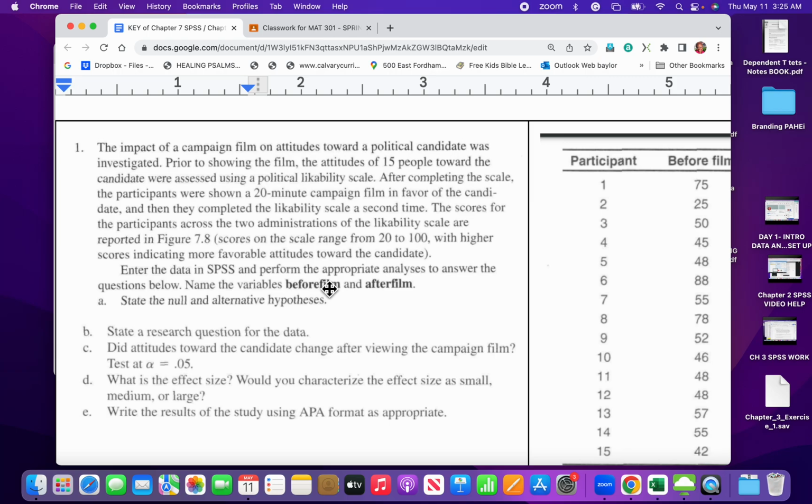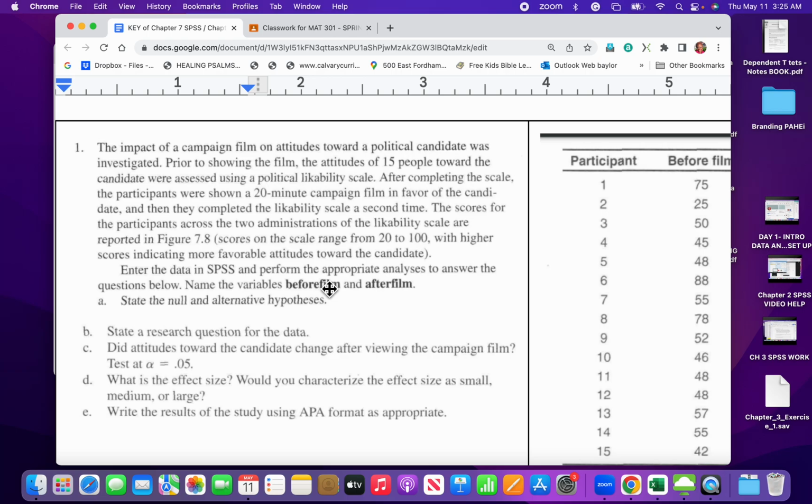After completing the scale, the participants were shown a 20 minute campaign film in favor of the candidate, and then they completed the likability scale a second time. The scores for the participants across the two administrations of the likability scale are reported in the figure to the right. The scores on the scale range from 20 to 100, with higher scores indicating more favorable attitudes towards the candidate.